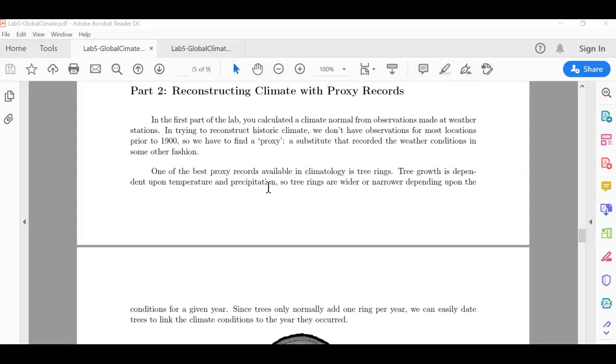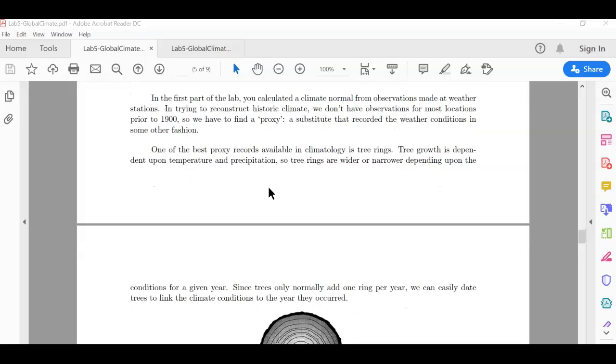In trying to reconstruct historic climate, we don't have observations for most locations prior to the 1900s, which is when we started taking those temperatures. So we have to find a proxy, which is a substitute that recorded the weather conditions in some other fashion. One of the best proxy records available in climatology are tree rings.